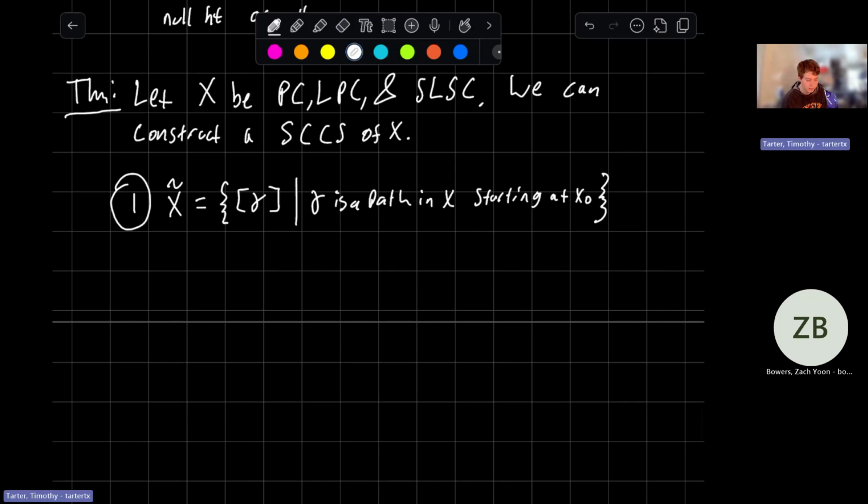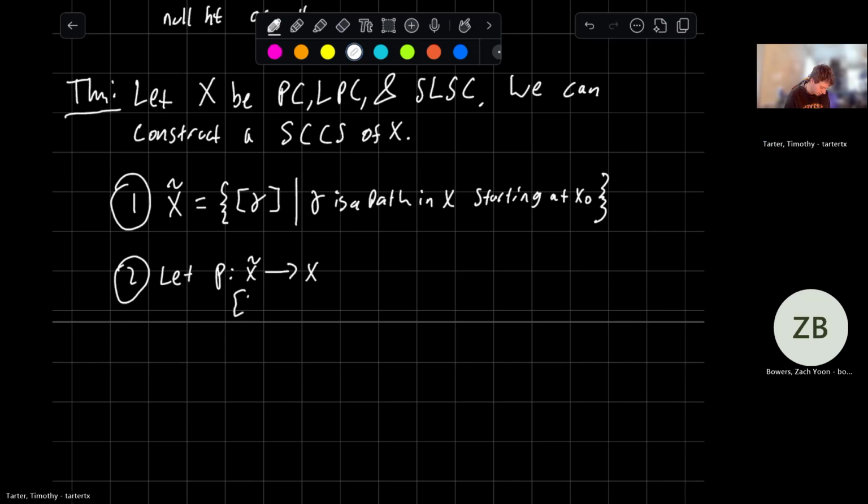Then let P map each path to its endpoint, and it's a surjection.